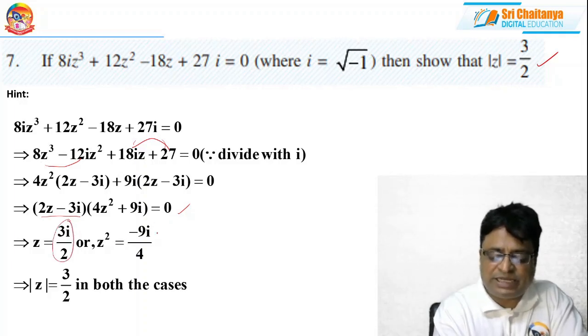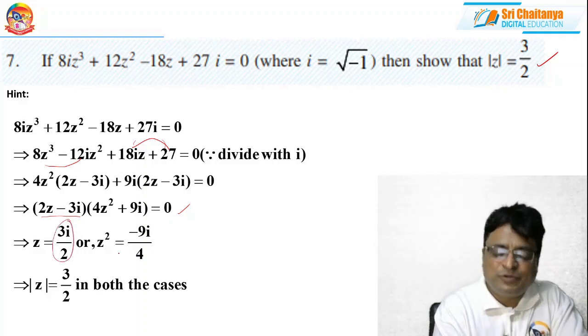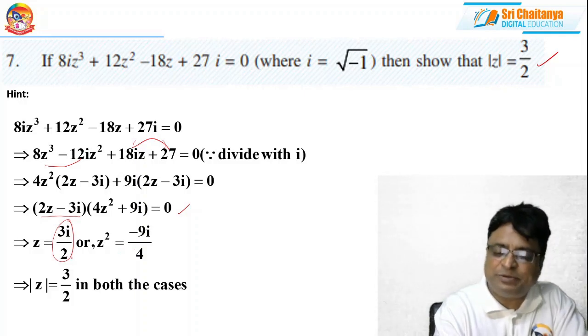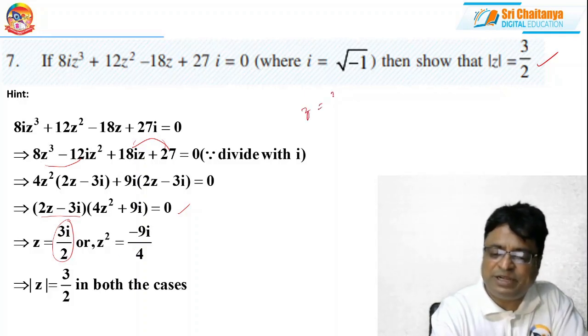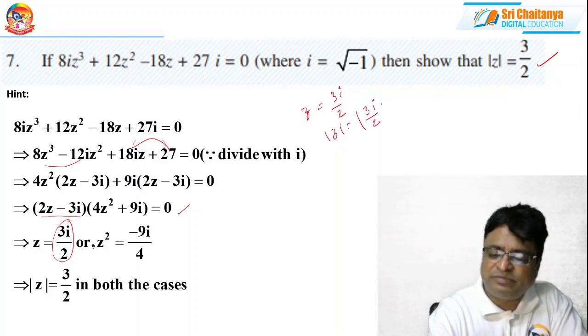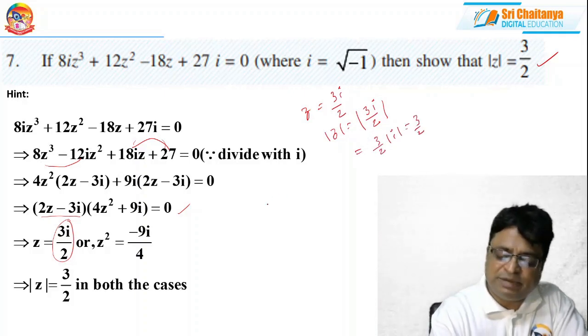Z square is equal to minus 9i by 4. So in both cases, if z is equal to 3i by 2, then mod z is equal to mod 3i by 2, which is equal to 3 by 2 mod i, which is equal to 3 by 2. Similarly, z square is equal to minus 9i by 4.